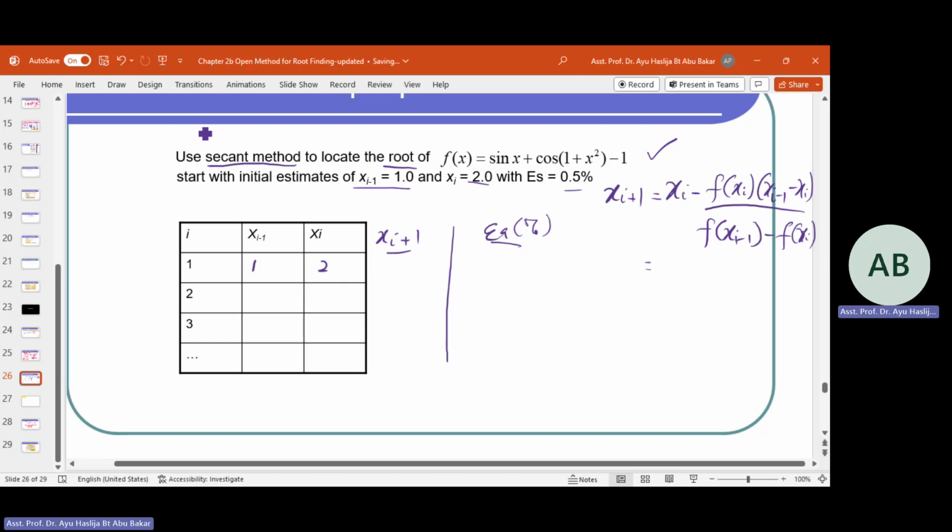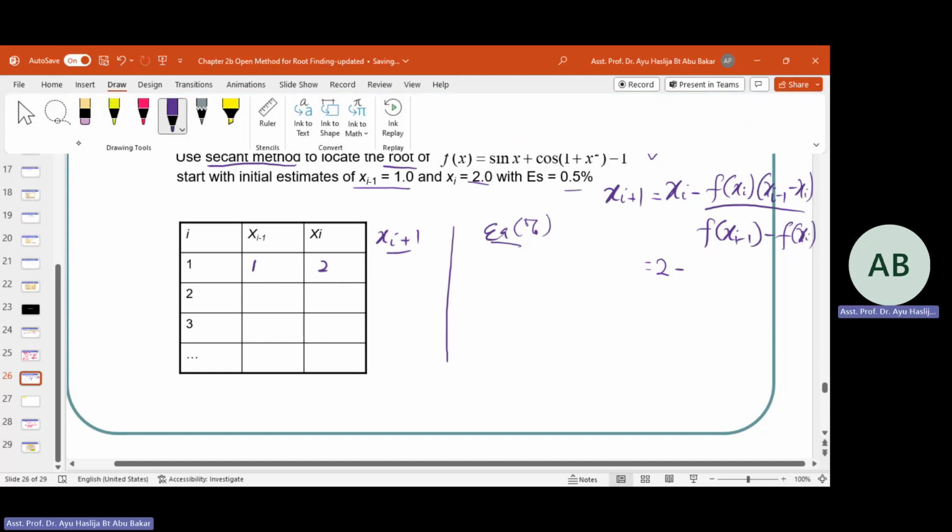Okay, so xi here refers to 2. So for f of xi, you need to substitute 2 into this equation. For xi minus 1, substitute the xi minus 1 into the f x equation. Okay, try it.